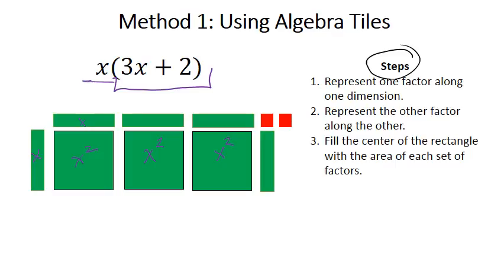So 1 times x is 1x. And hopefully you can see how this tile fits in nicely with this tile up here and this tile over here. Again, we have another 1 times x, so that's going to be 1x. So that means that x times 3x plus 2 is equal to 3x squared plus 2x.